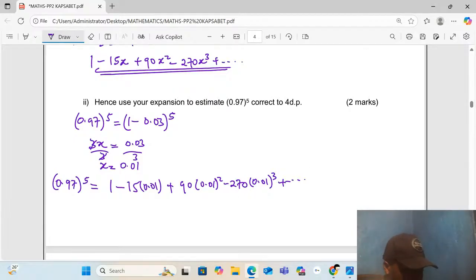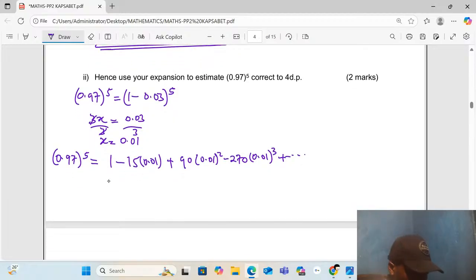So we shall only focus on this, so that when you work out and add the results, you are going to arrive at 0.8587. So that is now your value for your expansion. Now correct to 4 decimal places. So that is 4 decimal places that we have.